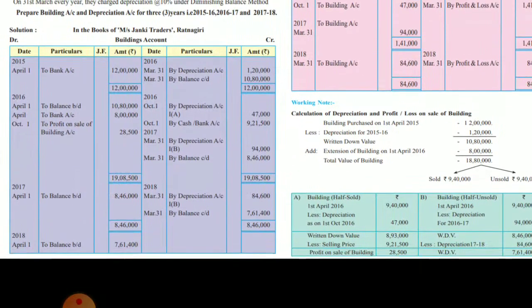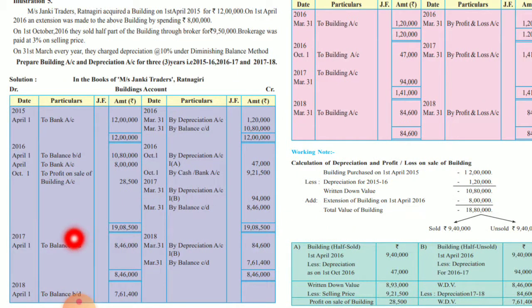19,08,500. Now the balance which is carried down will be brought down for the next year, because we have to calculate till 2017-18. So 2017 April 1 to balance brought down 8,46,000. 2018 the depreciation of the remaining building. So 31st March 2018 by depreciation account 84,600. Now this is the total of both the side. On debit side you will have 8,46,000.